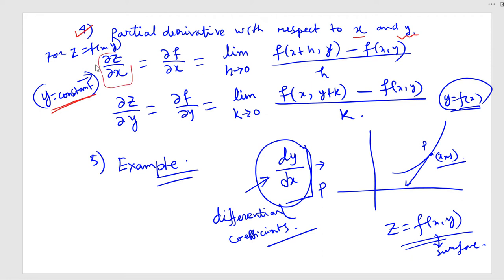So del f del x is defined as the limit as h goes to 0 of f(x plus h, y) minus f(x, y) over h. Y is constant here, only x is changing. As h goes to 0, this is called the partial derivative with respect to x. Similarly, we define the partial derivative with respect to y.